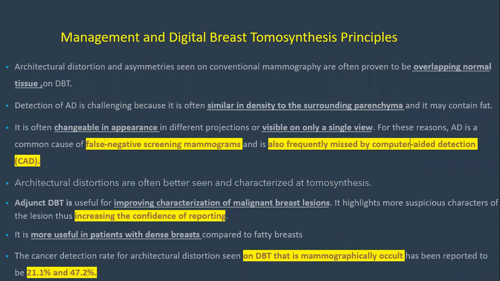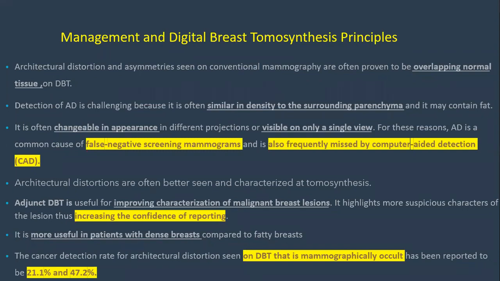When doing a tomosynthesis, the underlying mass appears. See? So it's often changeable in appearance in different projections. Architectural distortions can have different appearances. We have seen examples before. The appearance can change in different projections and can be seen in only a single view.